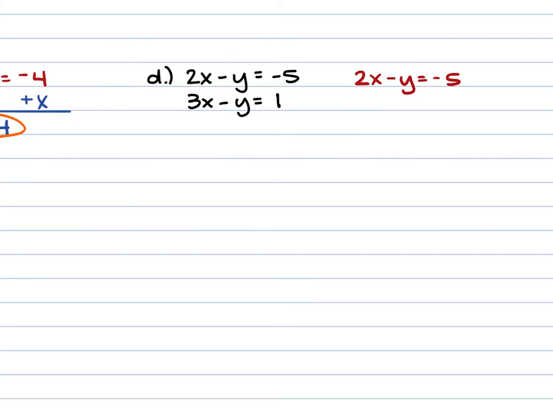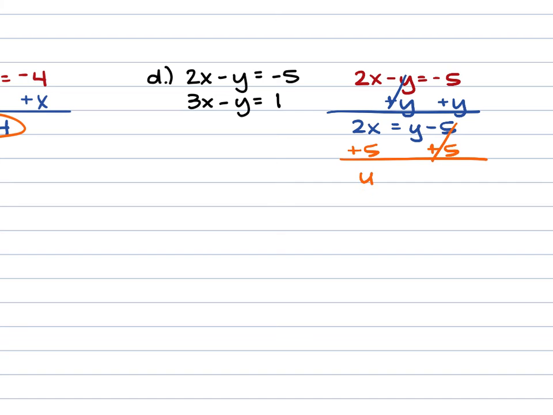I'm going to move my y over to make it positive to get 2x is equal to y minus 5. And then add the 5 to the 2x to leave myself with y is equal to 2x plus 5. I did that so that my terms are positive and I didn't have to do an extra step by dividing each side by negative 1.